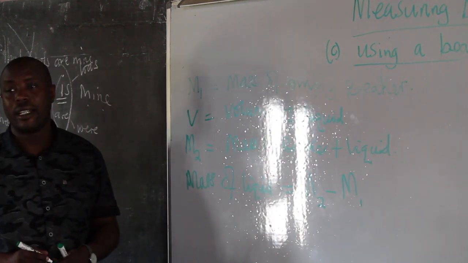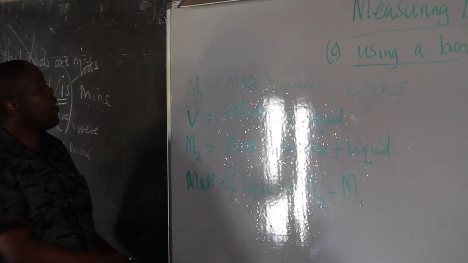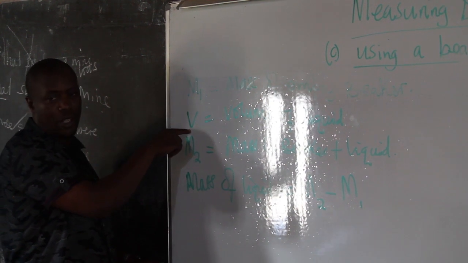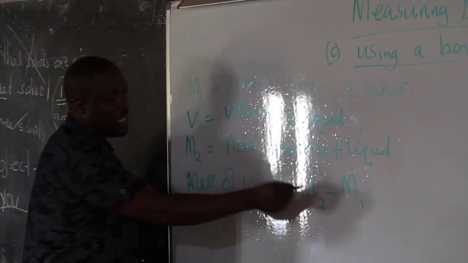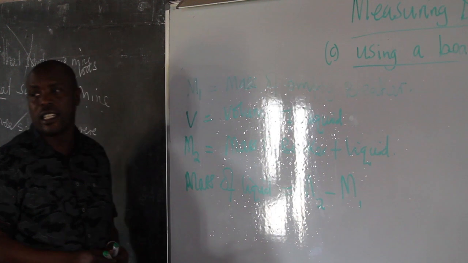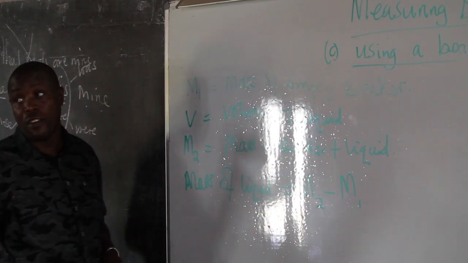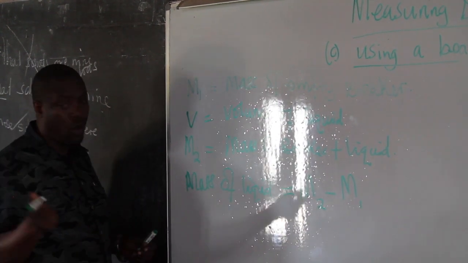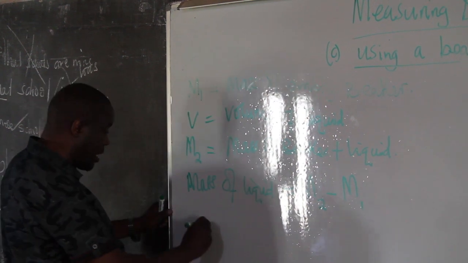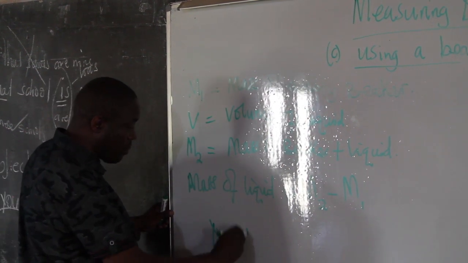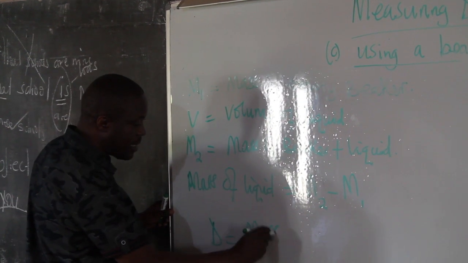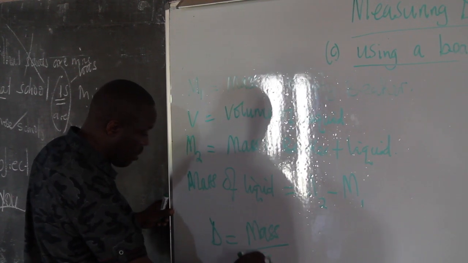Are we together? Now, we know the volume is V of the liquid. Mass of the liquid is this. Can you find density? You can, using the formula for density. What is the formula? Density is equal to mass over volume.